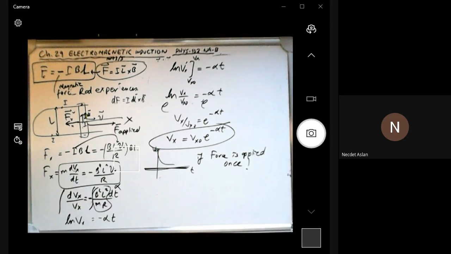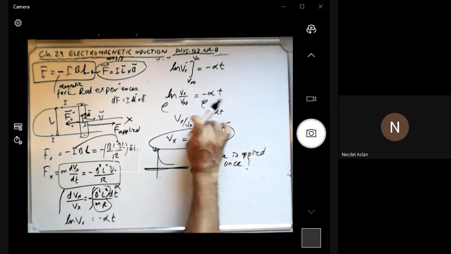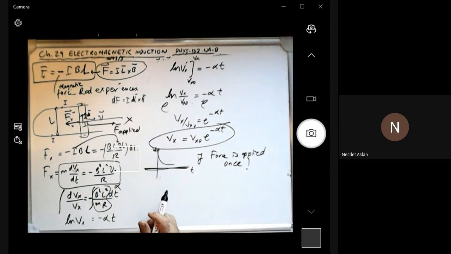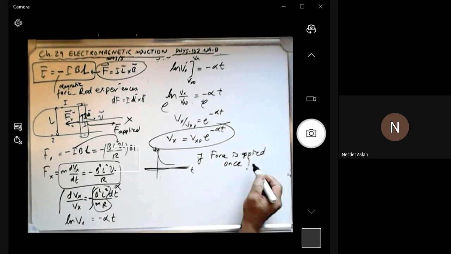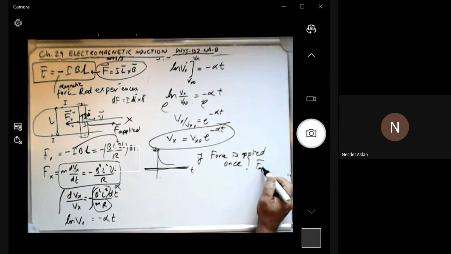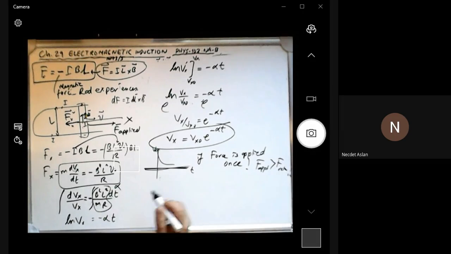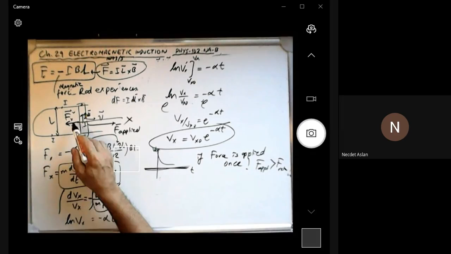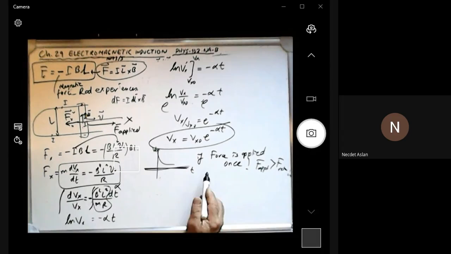But if you keep pulling this with constant velocity, it means that you are opposing this retarding force. So F applied should be greater than F retarding. Fx is the retarding force.